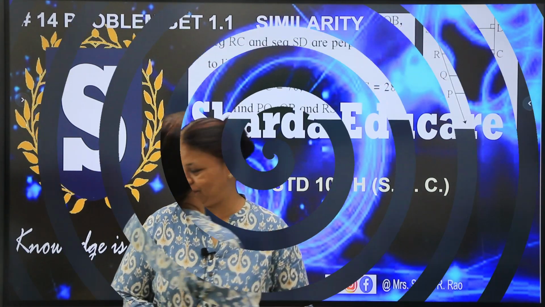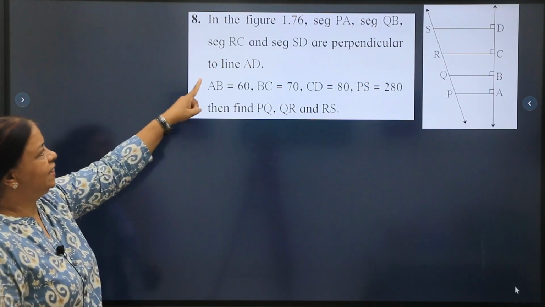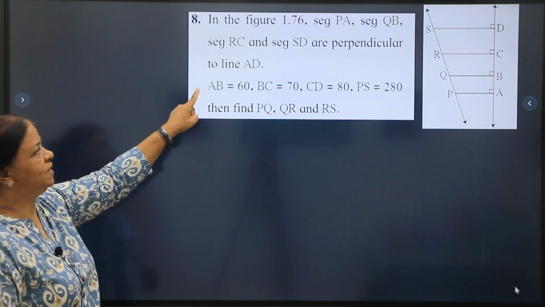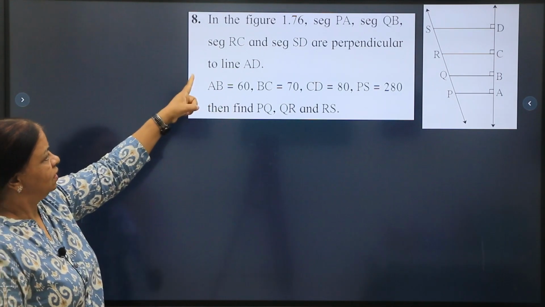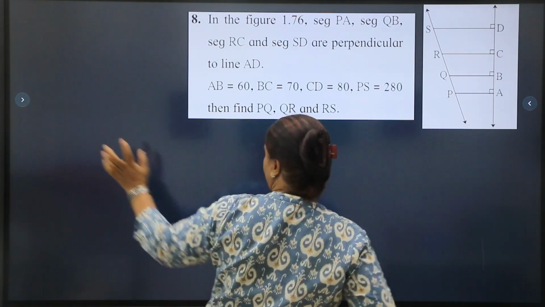Let's begin children. We can see on the board the 8th sum from the problem set, and there is a figure.